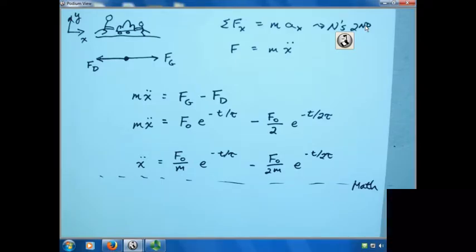Yes, sir. Well, I don't think, I mean, it might be right, but your notation, is this where it starts? Ah, okay, good. All right.